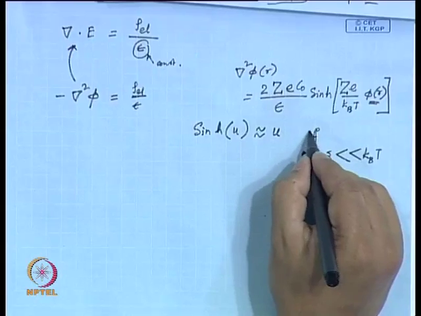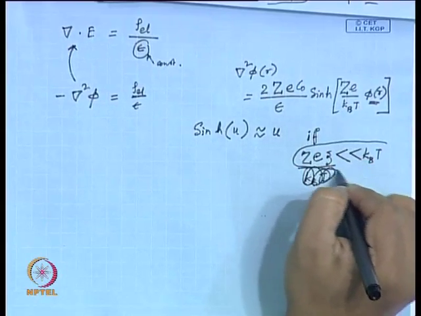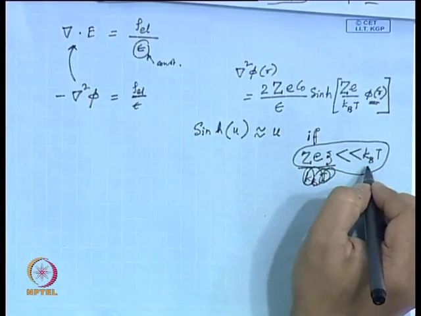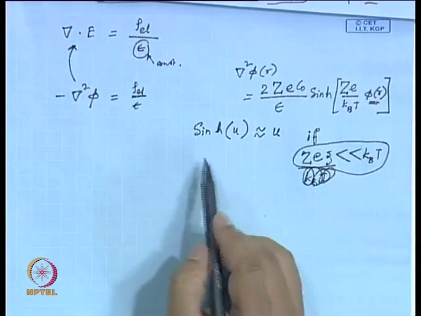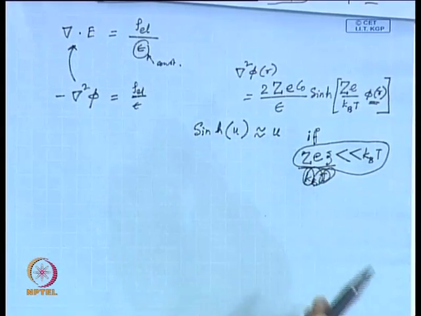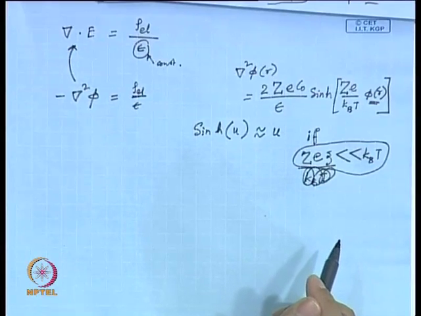If this quantity is small, that means the numerator is much less than the denominator. In that case, you can approximate sinh u as close to u. Okay.